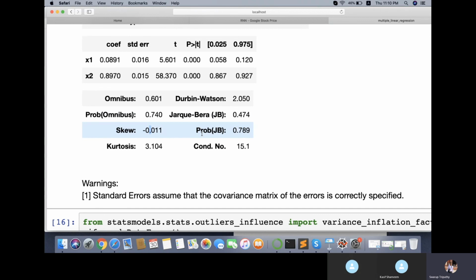Here the Jarque-Bera test is also called a goodness of fit test. It tells you whether the data's skewness and kurtosis match a normal distribution or not. So is it near to normal distribution or not? That's what this test will tell you. If your p-value is greater than 0.05, then it is matching.